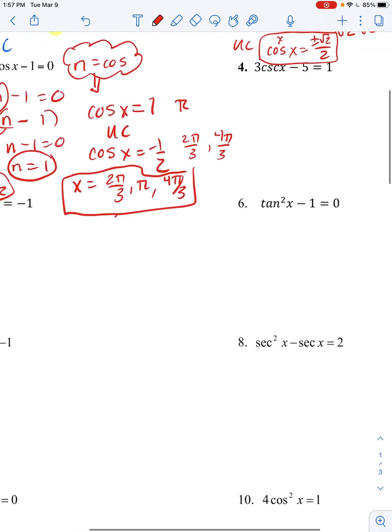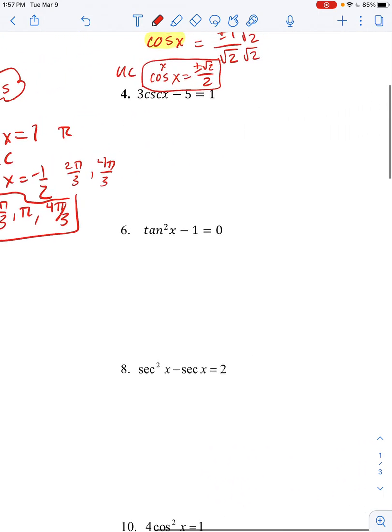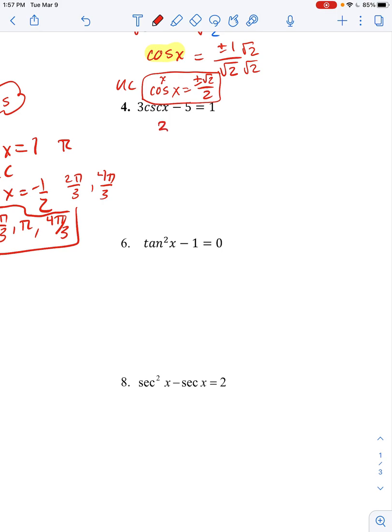I don't really care about the letters down at the answer bank, so you guys can check that out if you want to. So here, the thing I'm trying to get alone is the cosecant. So I'm going to add 5 to both sides and then divide by 3. So the cosecant of x is 2, but I can't look up cosecant.